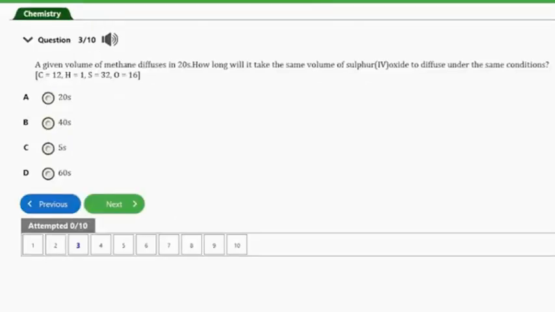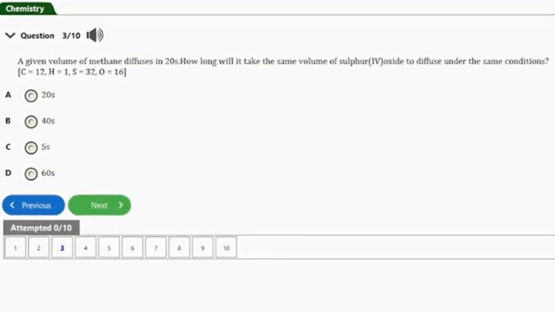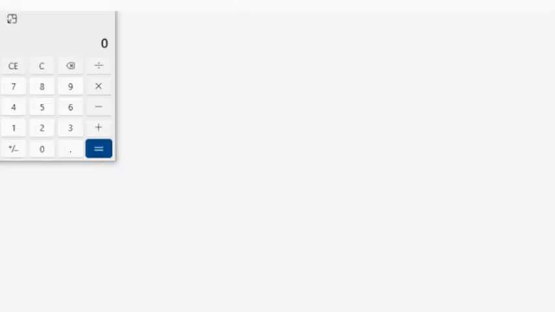Question number 3. It says, a given volume of methane diffuses in 20 seconds. How long will it take the same volume of sulfur dioxide to diffuse under the same condition? So guys, we're going to zoom into our workspace here and solve this out together.